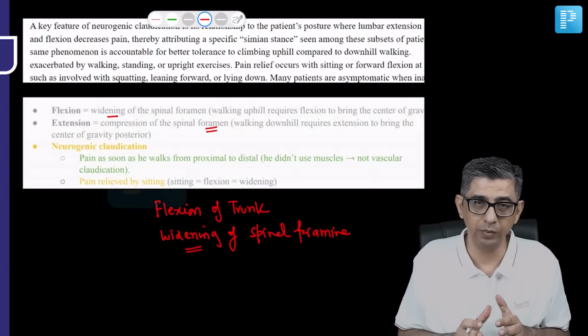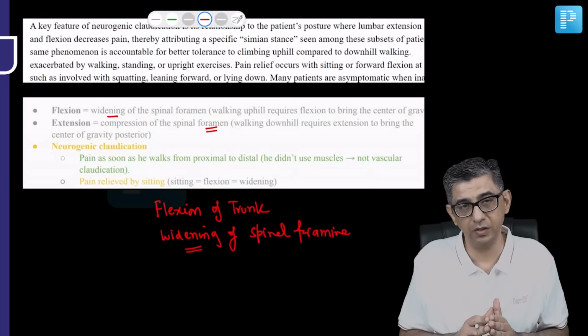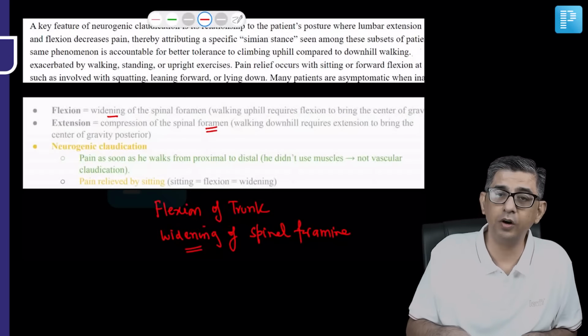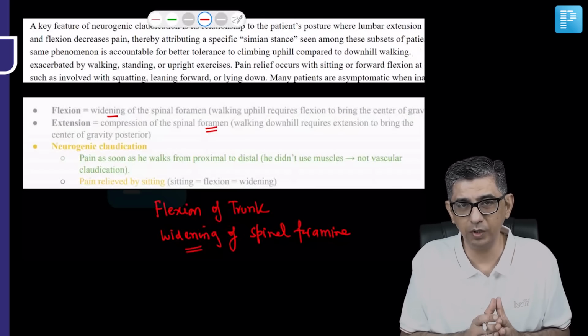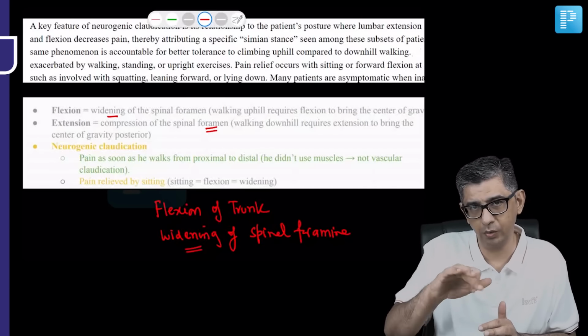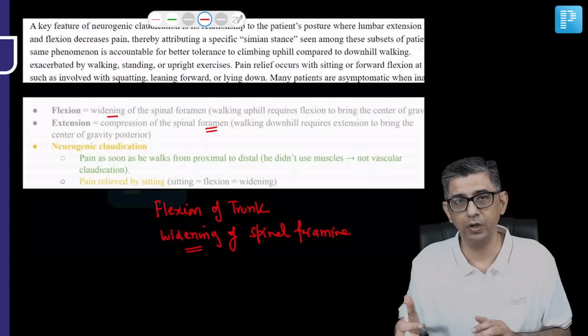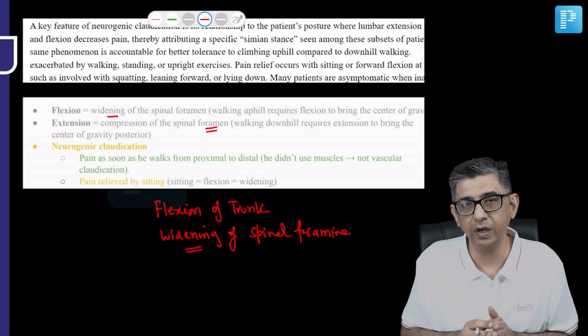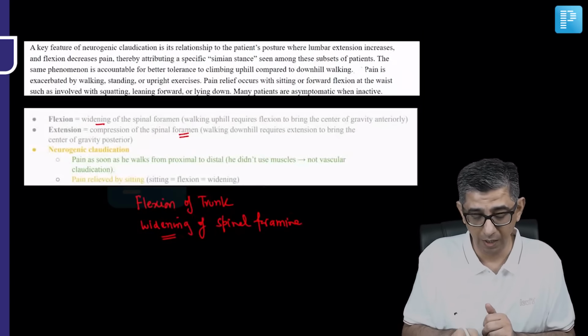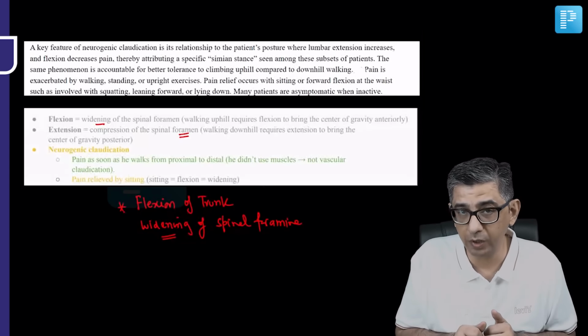So that's a peculiar presentation with lumbar canal stenosis, which mentions that the pain of the patient is relatively less on climbing uphill as compared to going downhill, because traditionally, even in you and me, if we have to go up, it will cause more exertion. We'll feel more tired going up as compared to going down, because going down would be aided by gravity. But here the opposite is happening because of this aspect that I mentioned, that the person is trying to walk with a bit of effort.